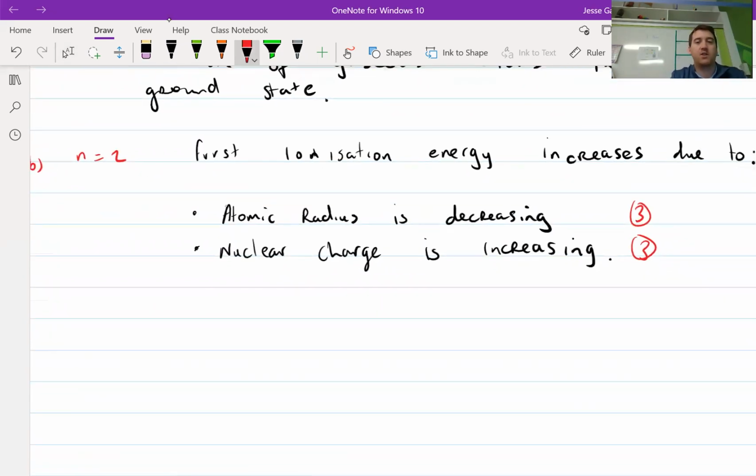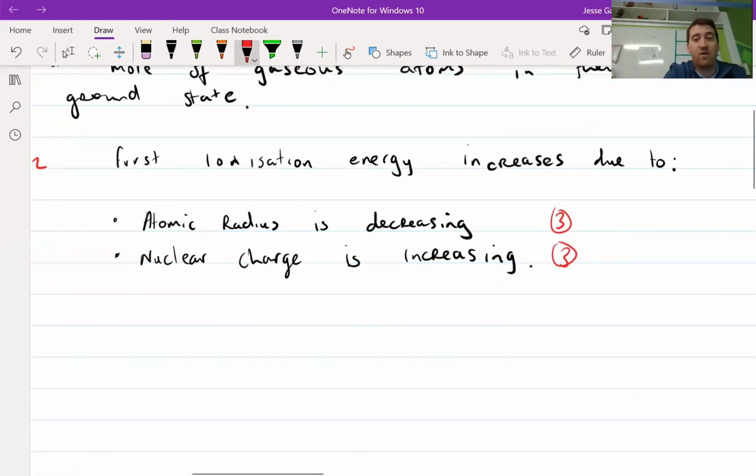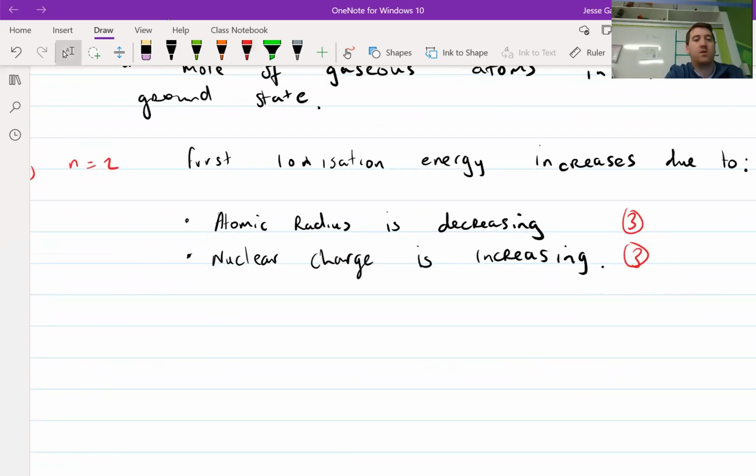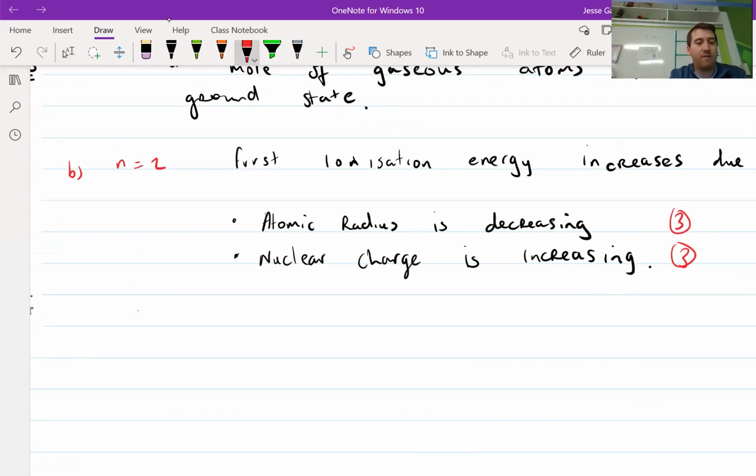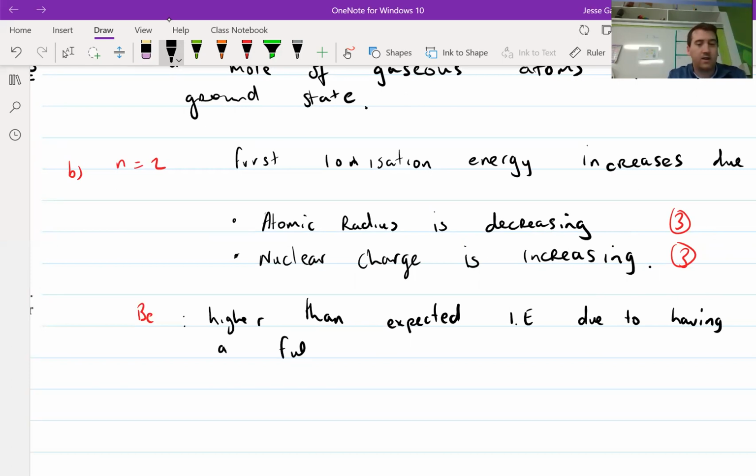First ionization energy increases generally, that's a general increase. So what we're going to talk about next is that beryllium, Be, has a higher than expected first ionization energy due to having a full 2s sublevel.